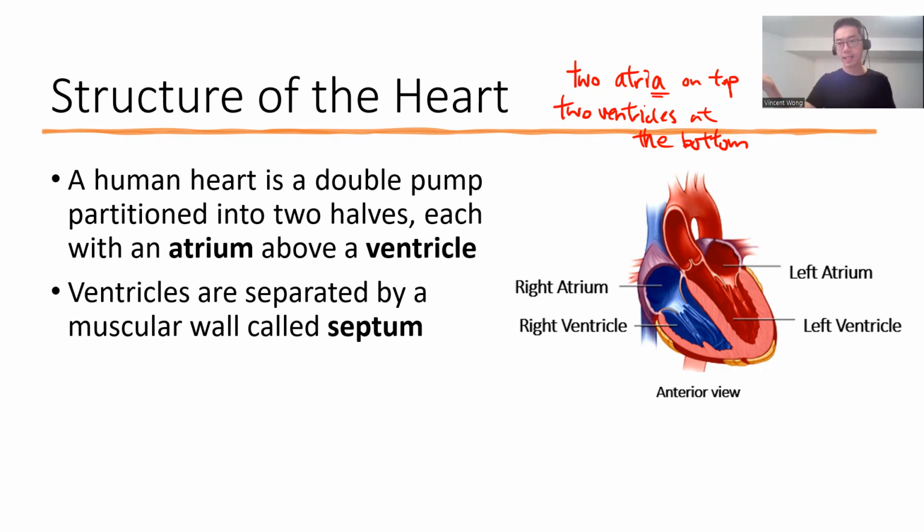That's why the right side of the diagram is the left structure, and the left side of the diagram is the right structure. Okay, so you have the two atria on top, and they squeeze at the same time, and then the ventricles at the bottom will squeeze. Right, so when your heart beats, it's like squeeze, squeeze. Top squeezes first, and then the bottom squeezes. Right.